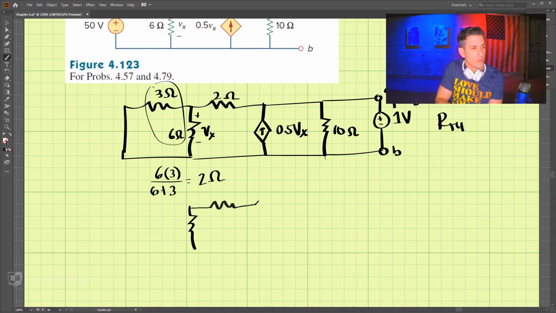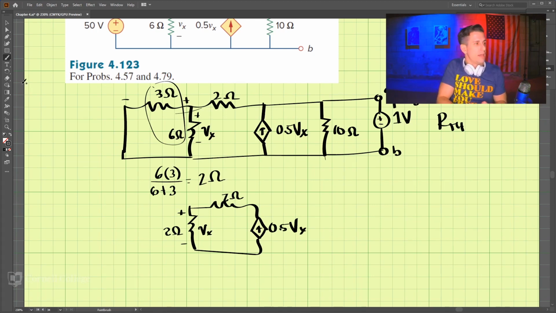We have 2 ohms, 2 ohms. We have our dependent voltage source. This is 2 ohms, and this is 2 ohms. And as you see here, this is Vx, but from here to here is also Vx. So Vx is here to here still. And I didn't write that very clear.